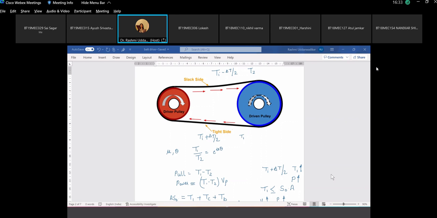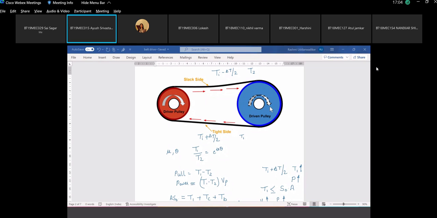Okay. And what all things have we done while designing the belt drive? Have we calculated the diameters of both the pulleys? Yes, ma'am.